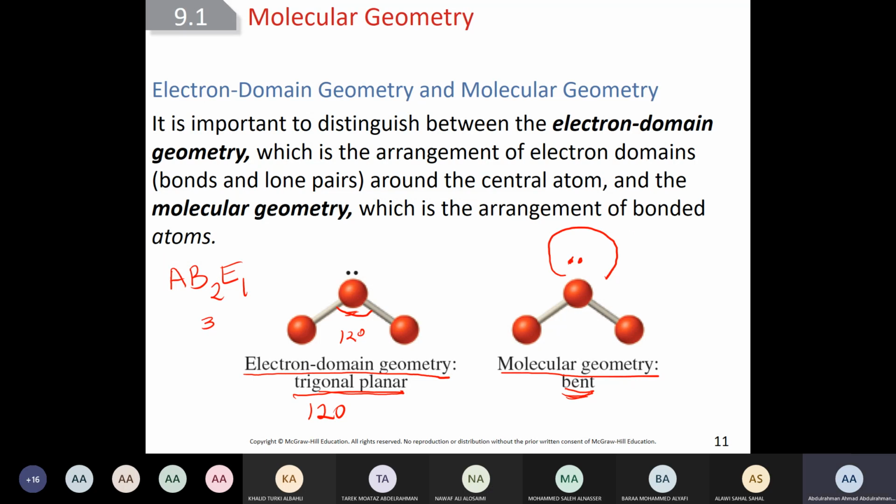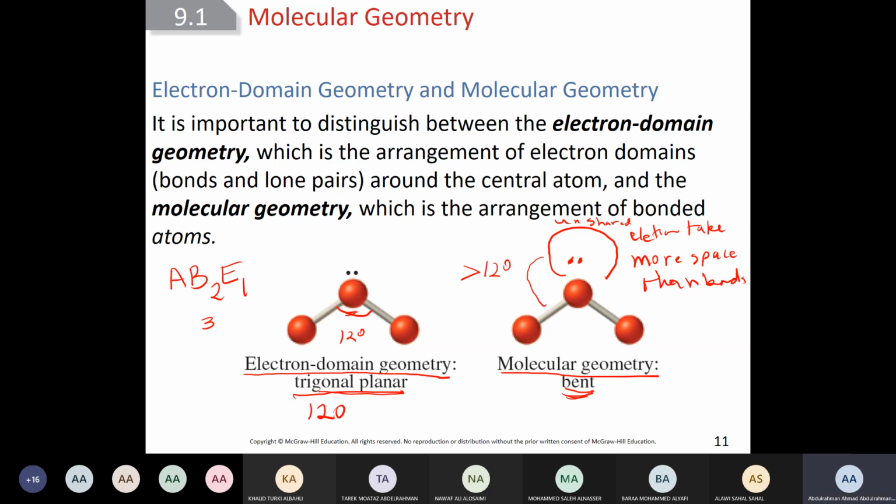The unshared electrons take more space than bonds. So as a result, this angle will be what? Greater than 120.